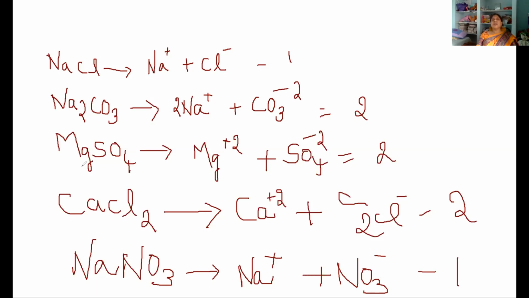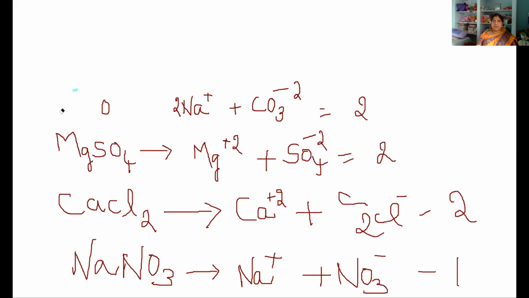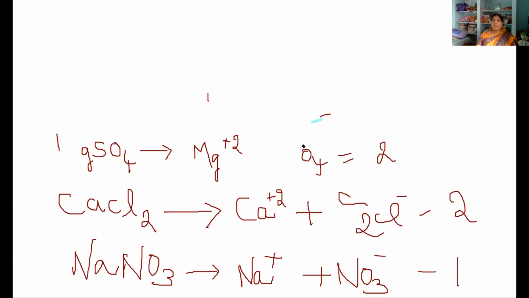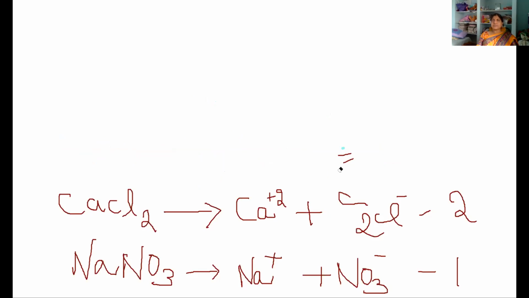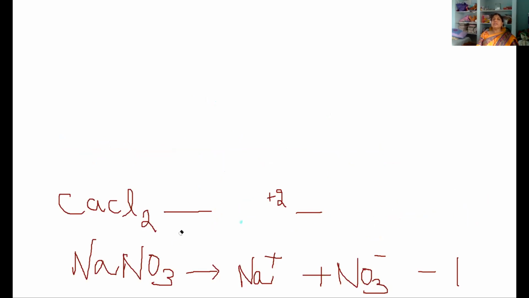So like this, you have to find out the charges on the cation and anion. If you know the charges, then you can calculate the equivalent weight of salt. So how is equivalent weight of salt calculated? Equivalent weight of salt is calculated by gram molecular weight of salt by net charge, that is, total charge present on cation or anion.